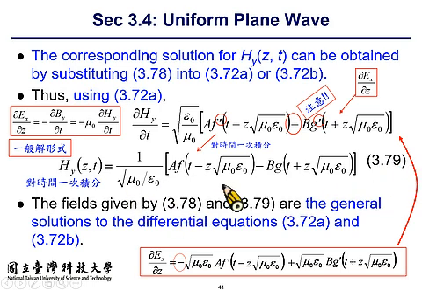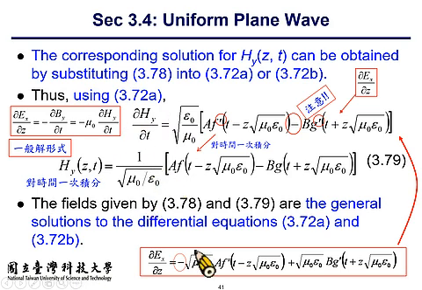It's in the form of AF minus BG. Note that there is a minus sign on the G component. So it's AF minus BG divided by square root of mu over epsilon 0. This is the so-called intrinsic impedance, which will be discussed a little later today.